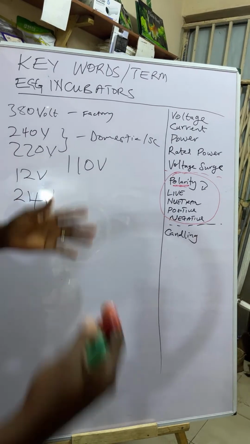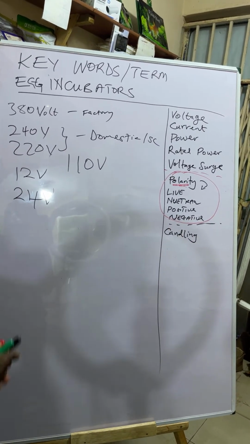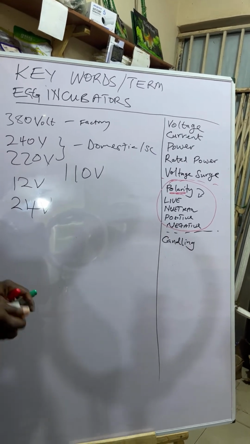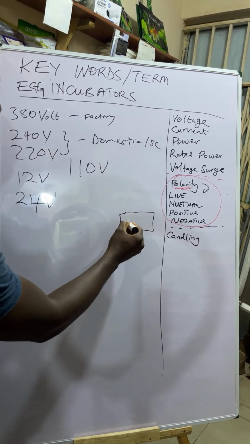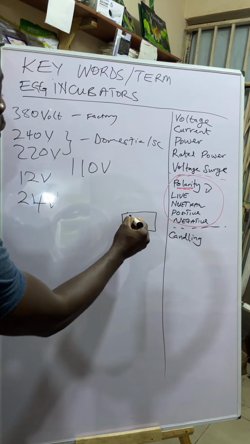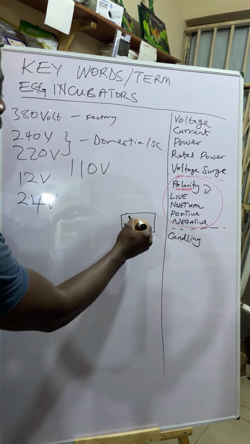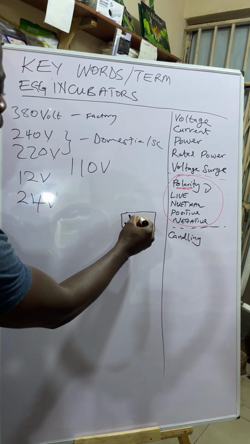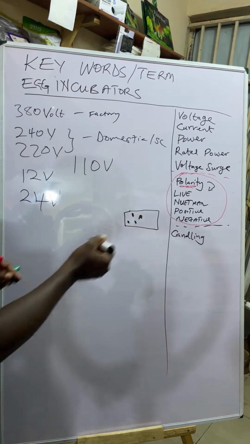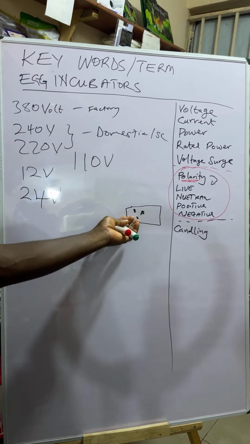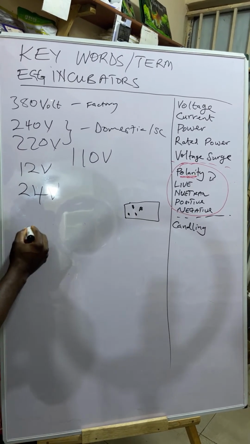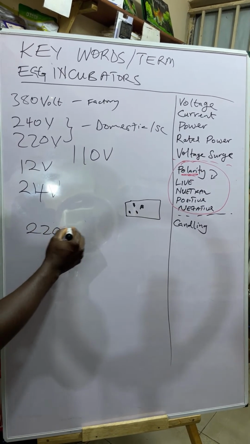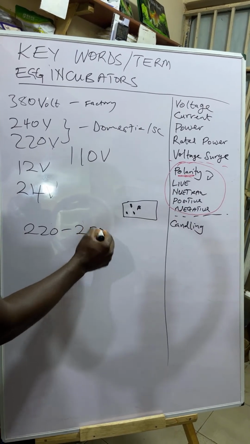In your normal house, the socket you see in your wall, with three holes like this and then a switch, the voltage that comes out of it is actually 220 to 250 volts.